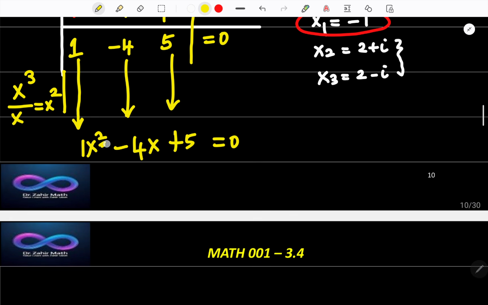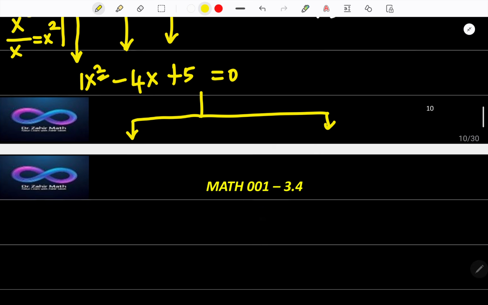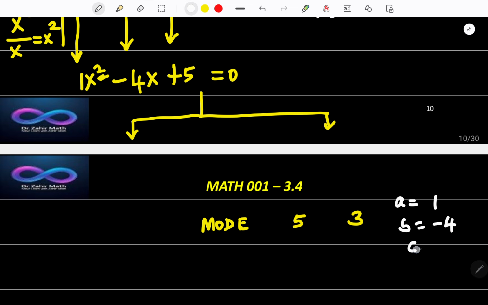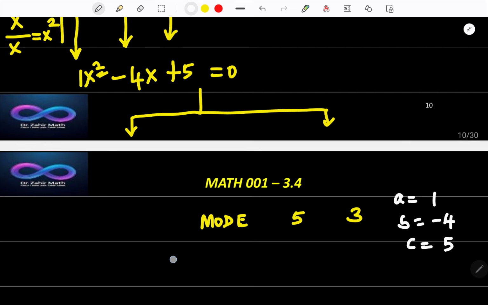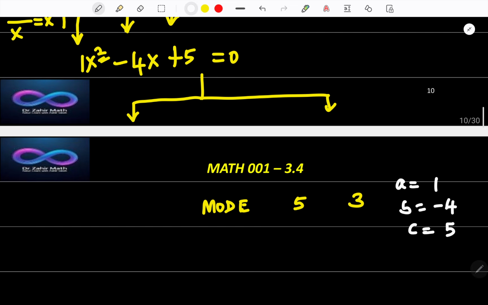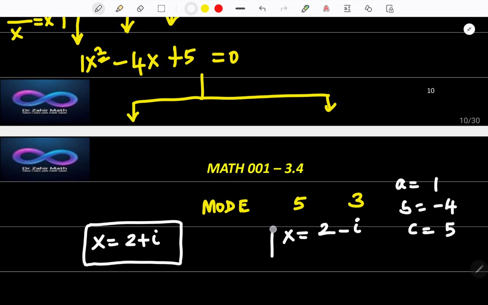Now we have come to power 2, so you can go for mode 5 and then 3. A equals 1, B equals negative 4, C equals 5. If you give this in the calculator, you will get x equals 2 plus i and x equals 2 minus i.